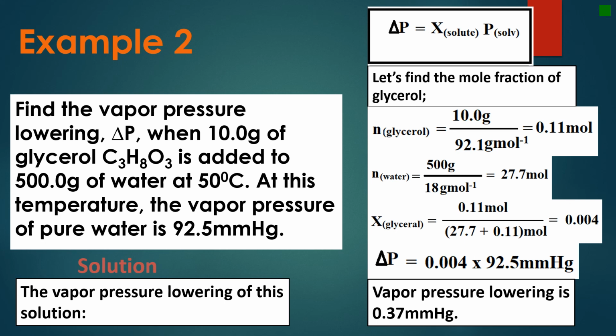So what you can see from here is that when 10 grams of glycerol is added to 500 grams of water, the vapor pressure of water is lowered by 0.37 millimeter of mercury.